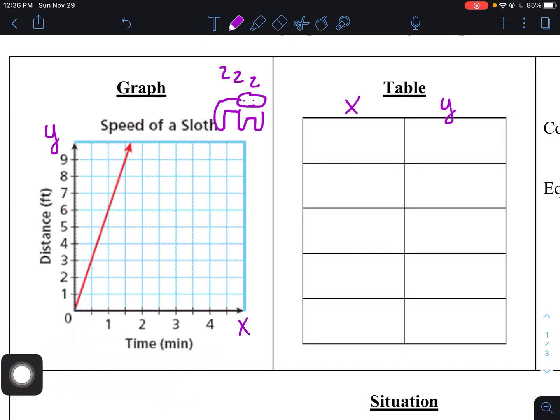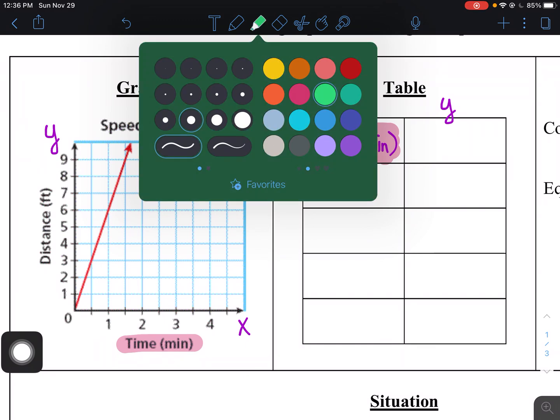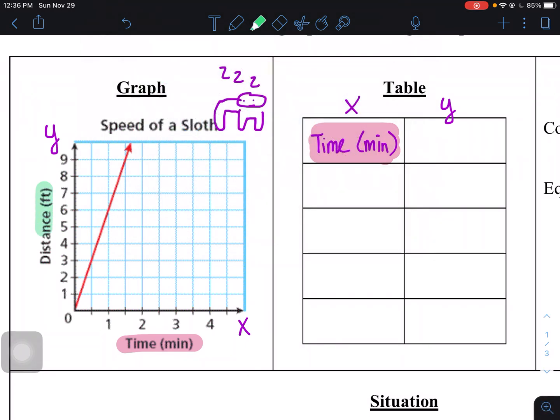Our x-axis is represented by time in minutes. So over here, I'm going to put time in minutes under my x column, which is the first column. Then in a different color, my y represents the distance in feet.